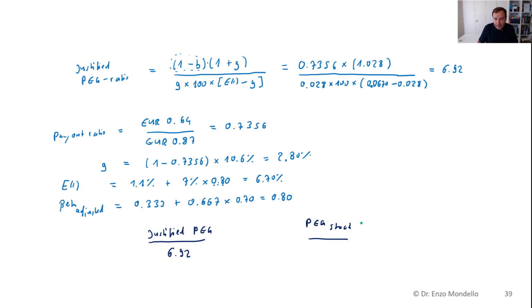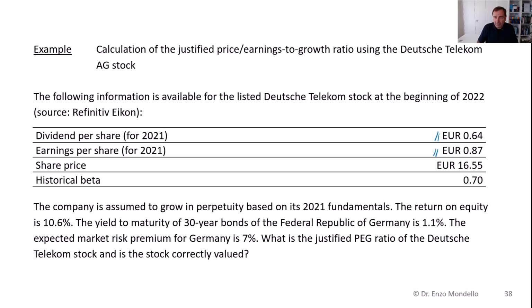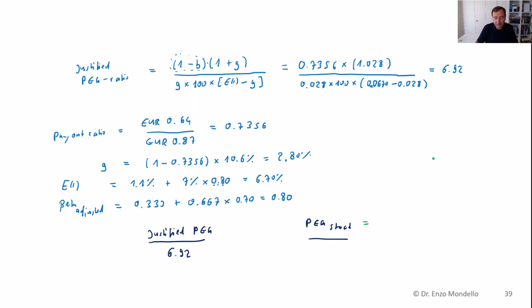We can take the traded share price of 16.55 euros and divide that by the earnings per share of 0.87 euros. In doing so, we get the trailing PE ratio that we can divide by the fundamental growth rate of 2.8% times 100. So let's do that.